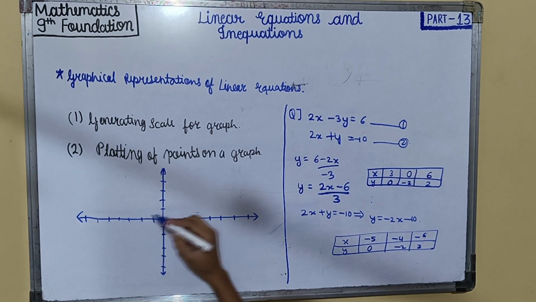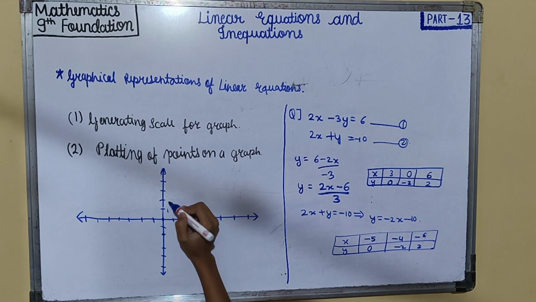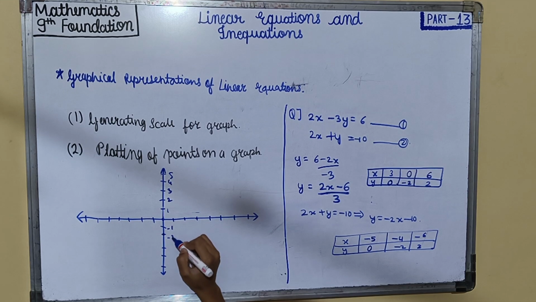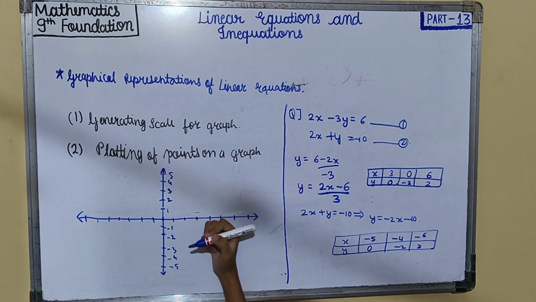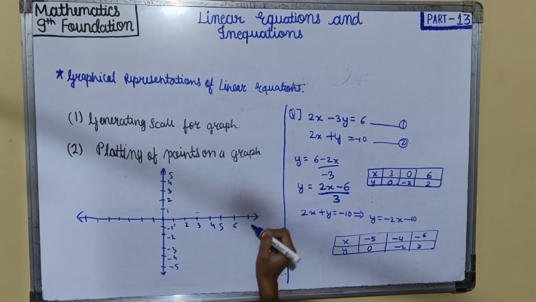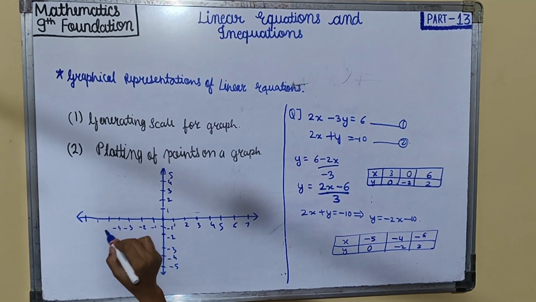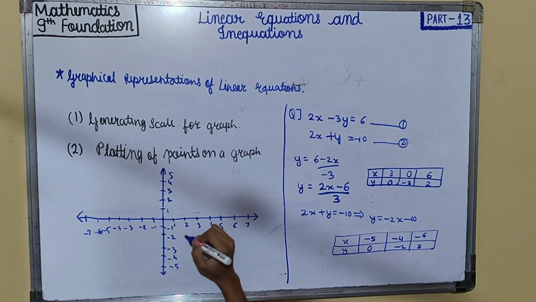These are all negative and these are all positive. You can put the values 1, 2, 3, 4, 5, minus 1, minus 2, minus 3, minus 4, minus 5. Over here minus 1, minus 2, minus 3, minus 4, minus 5, minus 6, minus 7. Minus 3 and minus 2 makes a point like this.